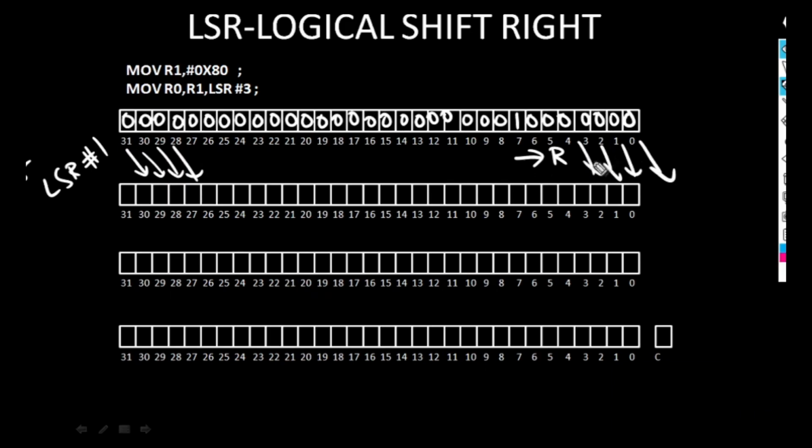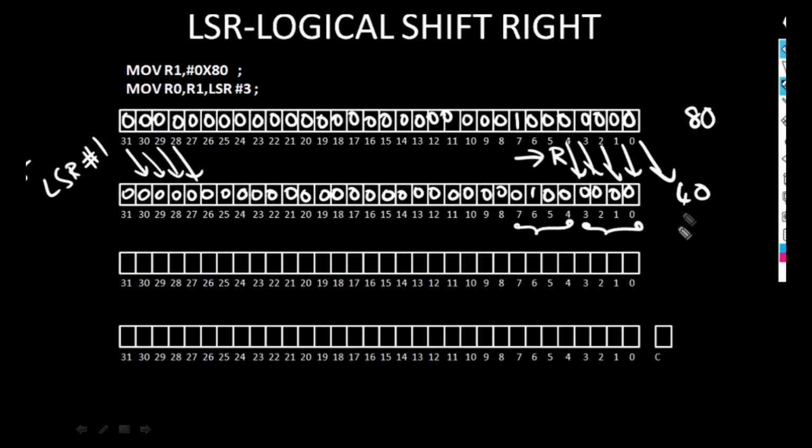All other contents are shifted towards the right side. Let's see what is the result here. This value was 80. Now what is this value? This is 0 and this is nothing but 4. So you can clearly see the divide by 2 operation being performed.